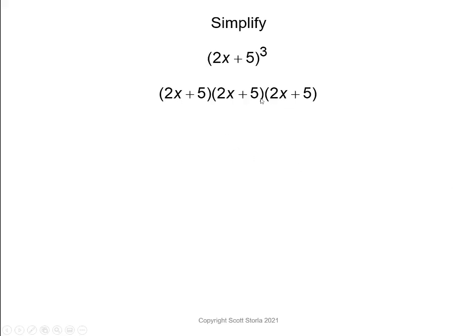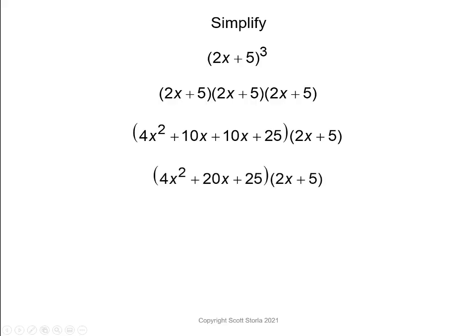We'll multiply the first two factors together, and that'll give us 4x squared plus 10x plus 10x plus 25, which simplifies to 4x squared plus 20x plus 25.